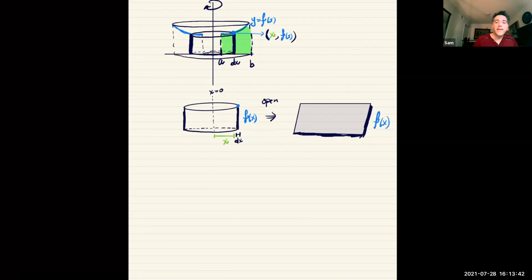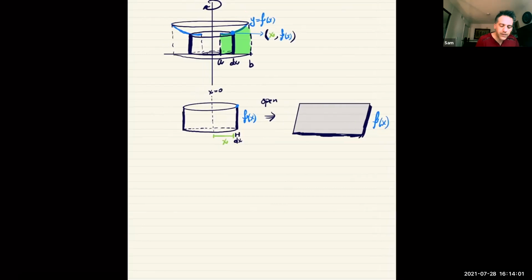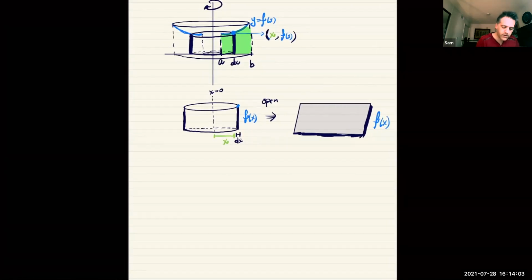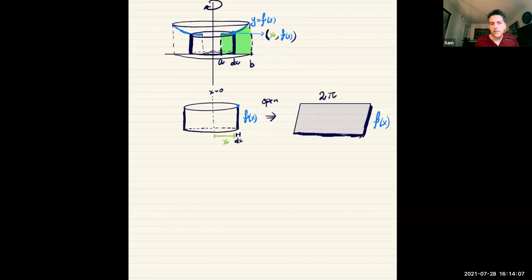And then the length. The length of the rectangle is the same as the circumference of this circle. Circumference of the circle becomes the length of the rectangle, and that circumference is 2 pi times radius, and the radius here is x.